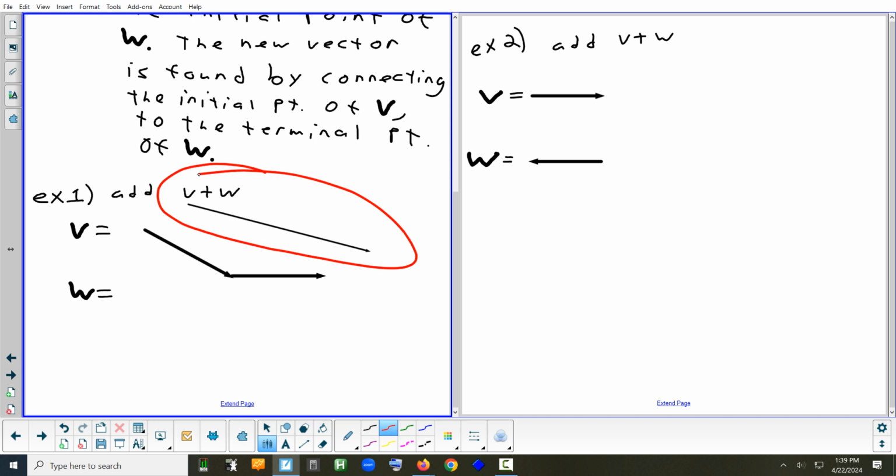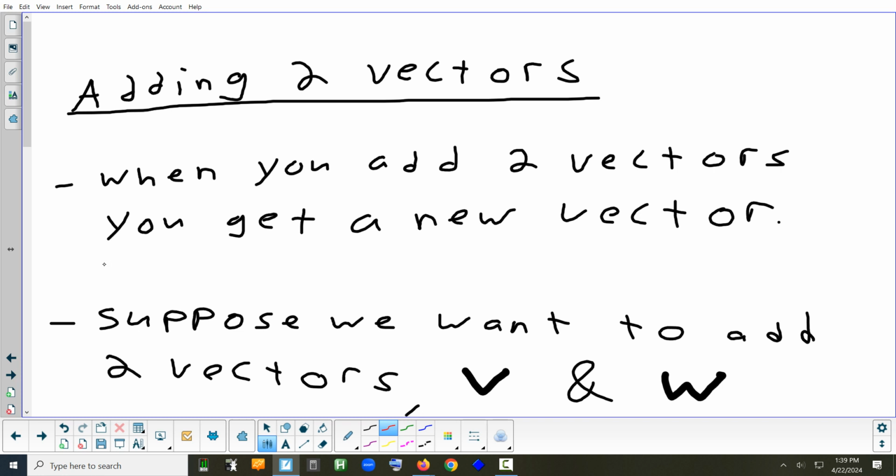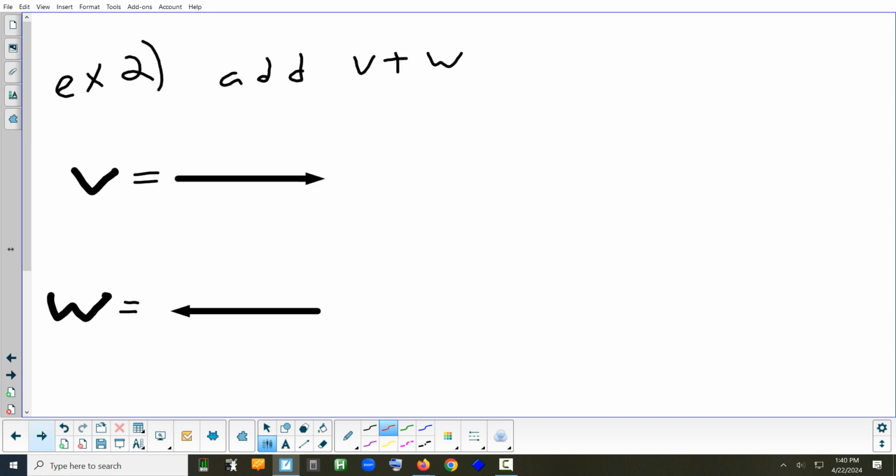Okay. What do you think is going to happen in example 2? Well, you've got to connect the end of V to the beginning of W. So you have to line up those red dots. And then once they're lined up, you're going to connect the start to the finish. So you have to line the red dots up, and then after you do that, connect the green dots.